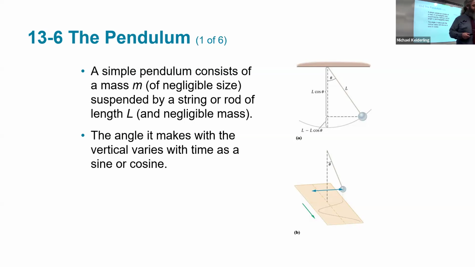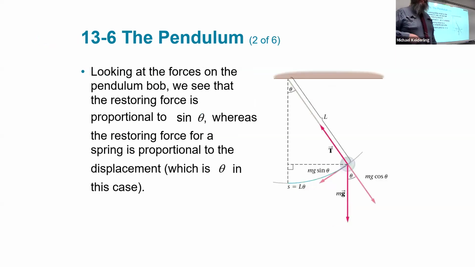And it turns out the angle it makes with the vertical varies with time as a sine or a cosine. For small angles, it approximates simple harmonic motion. The bigger the angle gets, the worse the approximation is.